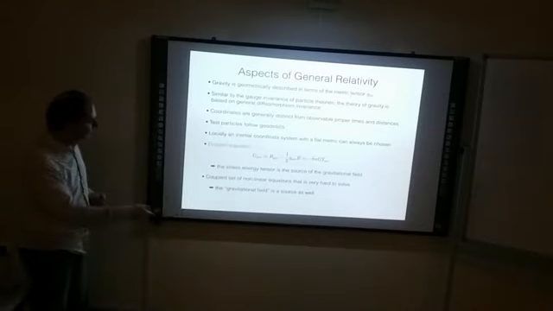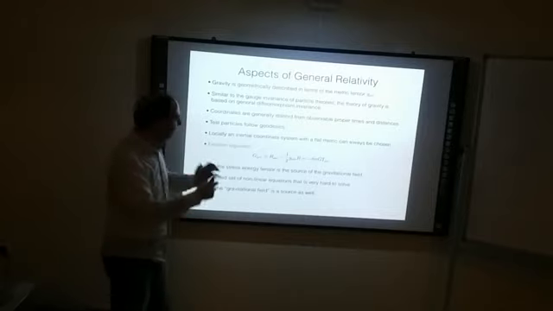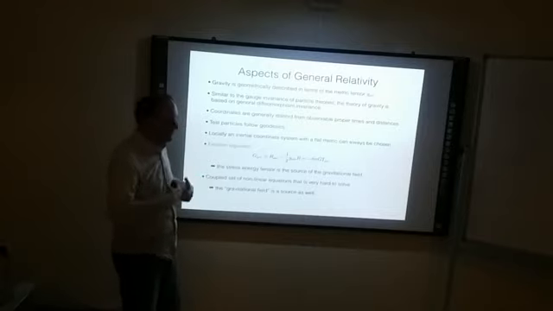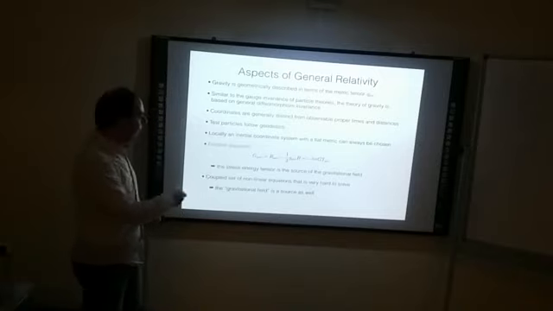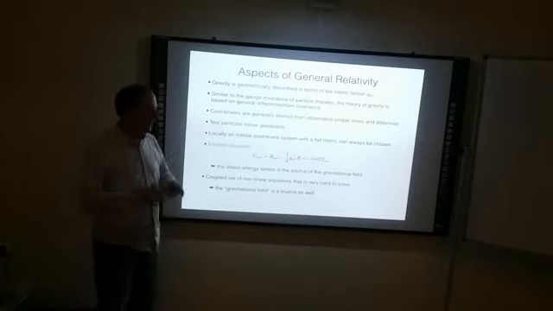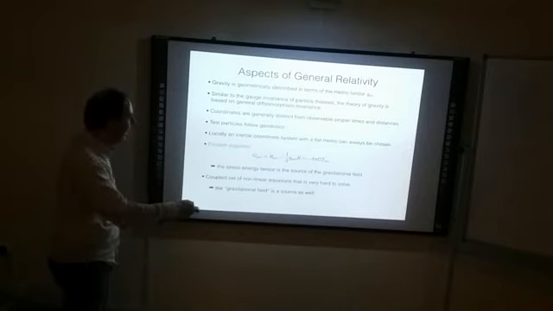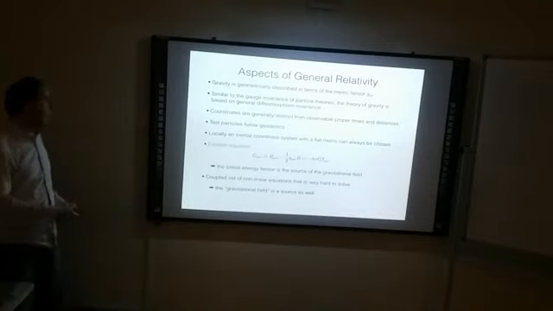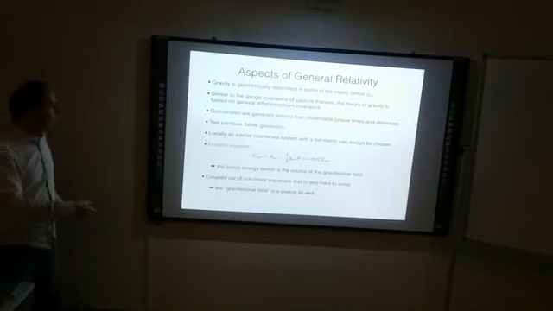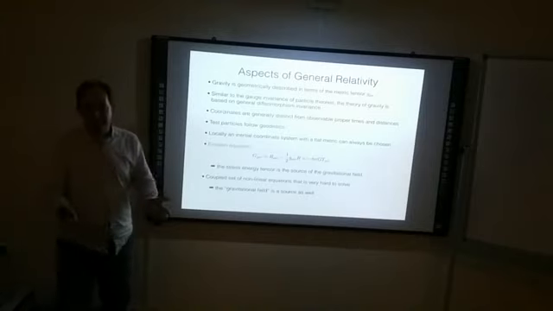And so what it does is that energy or mass tells space-time how it has to curve, and the curvature of space-time tells matter how it has to move. That's basically the general idea behind general relativity, or behind this equation here. And what's different, in Newtonian physics, it's only mass that actually gravitates.